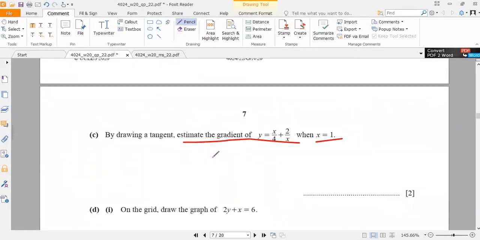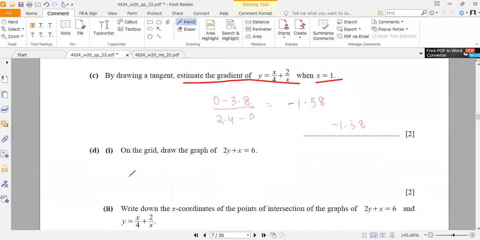So for the gradient, it will be 0 minus 3.8 upon 2.4 minus 0. So 3.8 divided by 2.4 will be equals to minus 1.58. Minus 1.58 is the gradient.